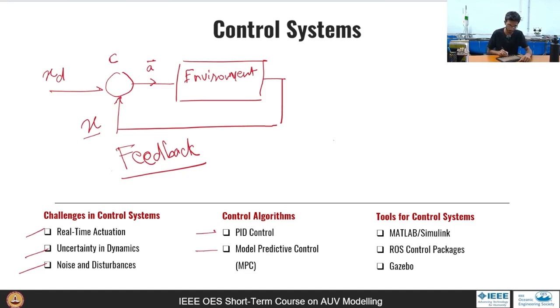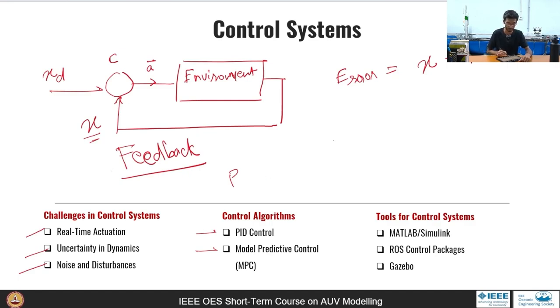Some of the popular control algorithms to be considered can be the PID control algorithm, which essentially considers this error factor. So the error we are defining as the difference between a current state and a desired state.